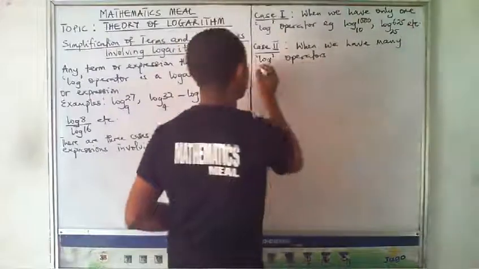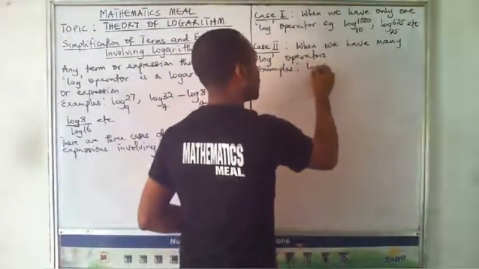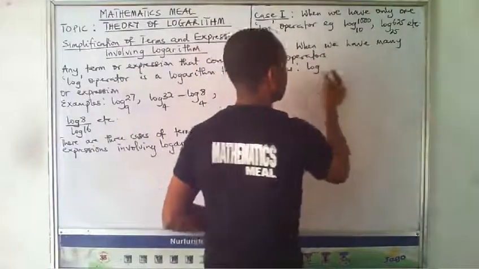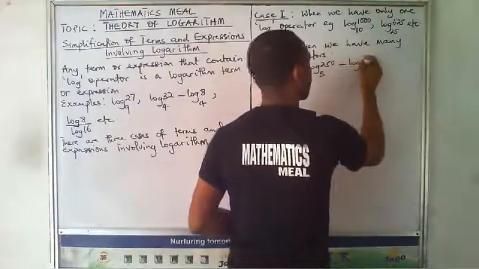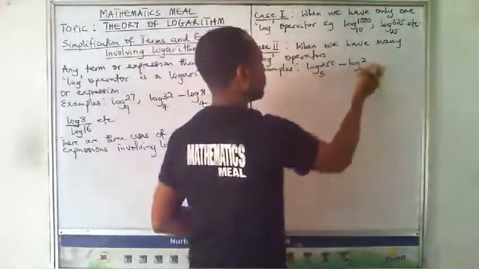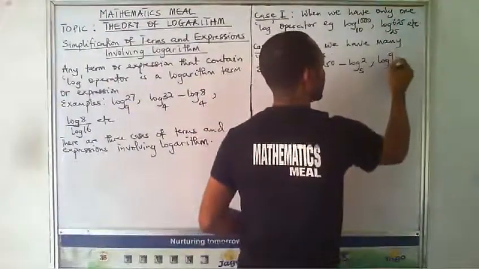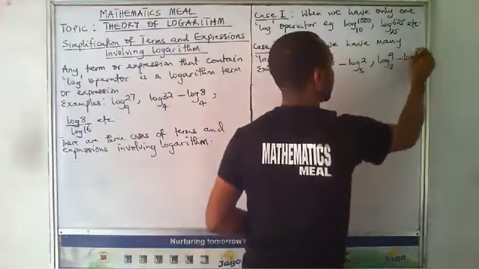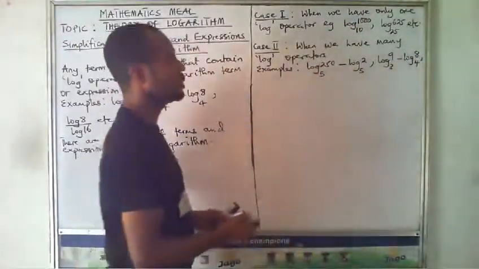Example, we can have log 250 base 5 minus log 2 base 5. We have two log operators here. We can have log 9 base 3 minus log 8 base 4. Two log operators here again.